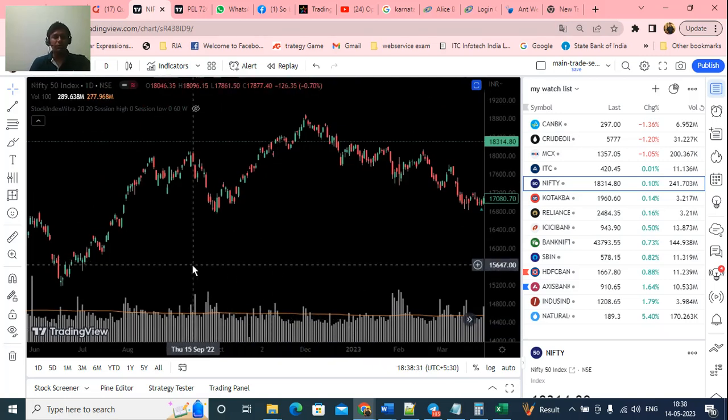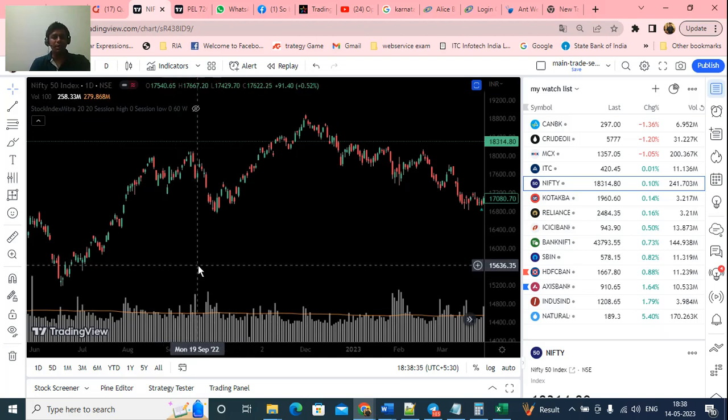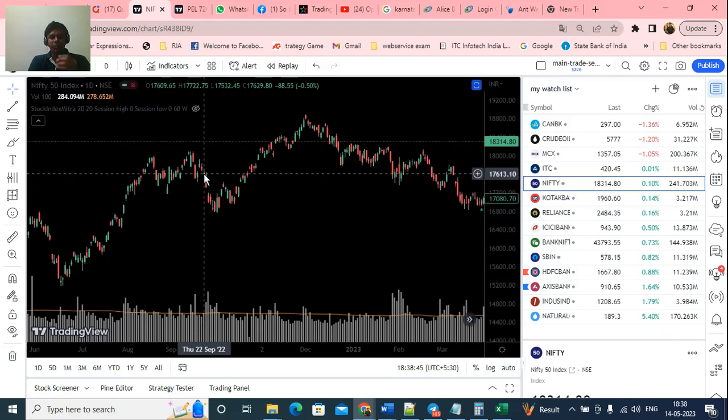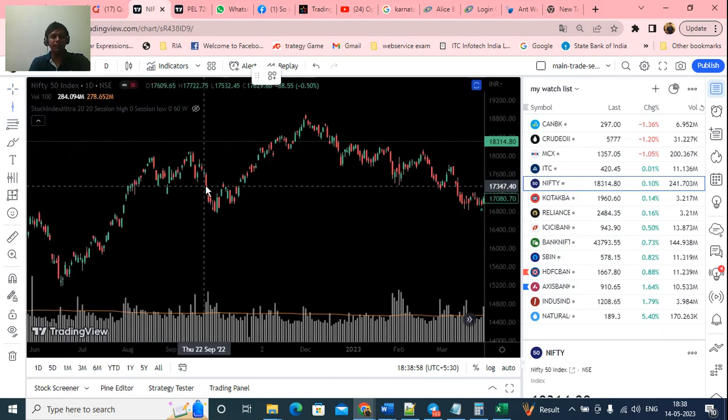It was 14 September, 6 September, and 21, 22. Okay, so this was the trend change. The actual trend change happened from the corona low date. This was the trend change date. So 22 September 2020, and let's mark this area as a vertical line.